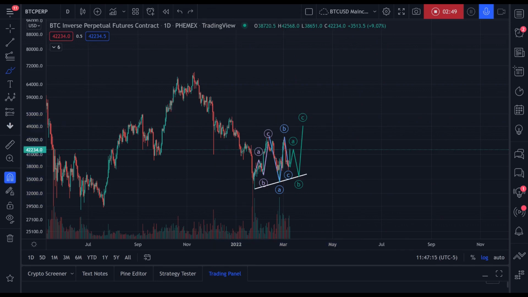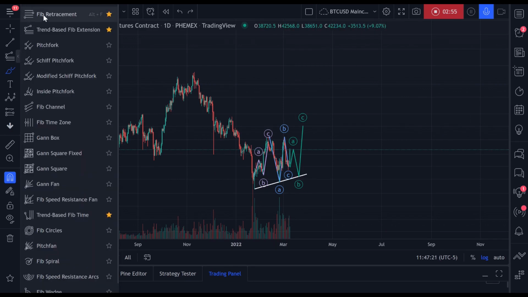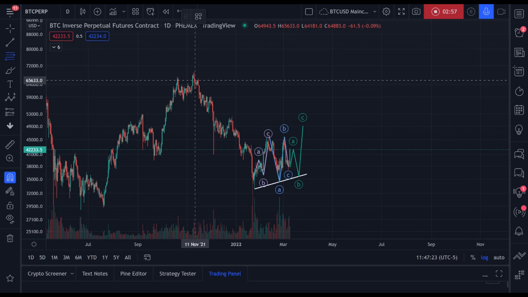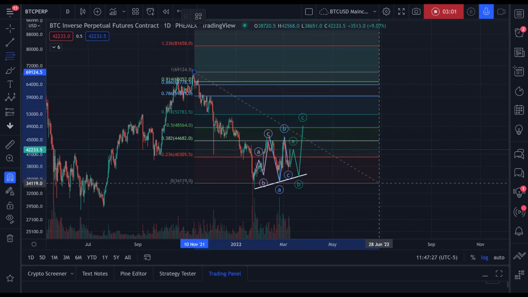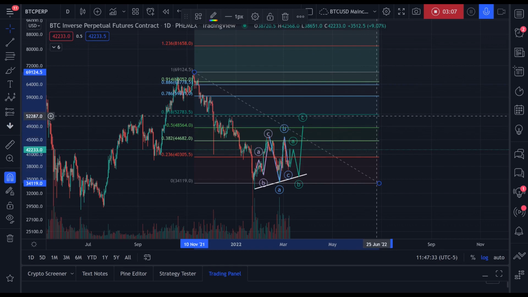And if you're new to Elliott wave theory, if you're new to the channel, just know that a wave 2 correction cannot retrace beyond the 618 Fibonacci retracement level of the trend. So we take the Fibonacci retracement tool from the top to the bottom of these 5 waves, and we see that the 618 Fibonacci level represents 52.7 approximately, okay?